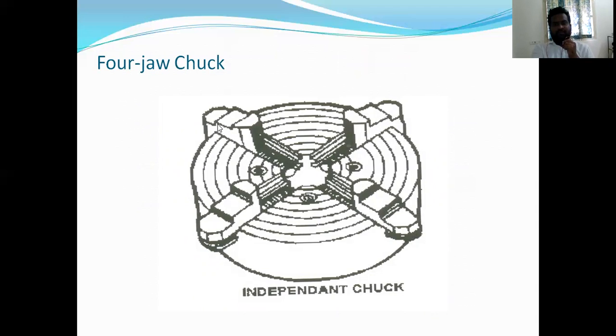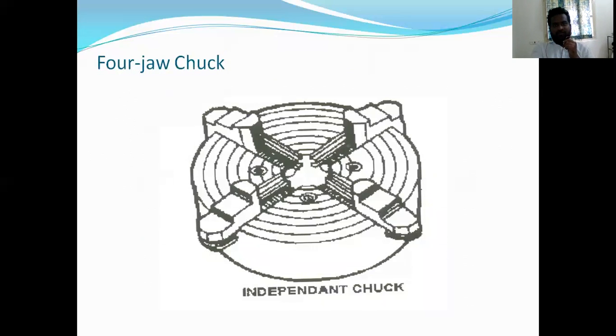Every jaw has keyways for moving in and out. This 4-jaw chuck is used for holding square, rectangular and irregular workpieces. All the jaws are moved independently, right?